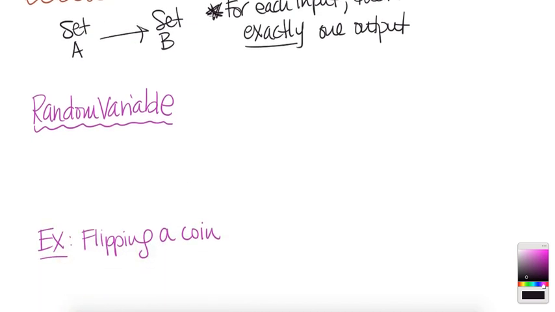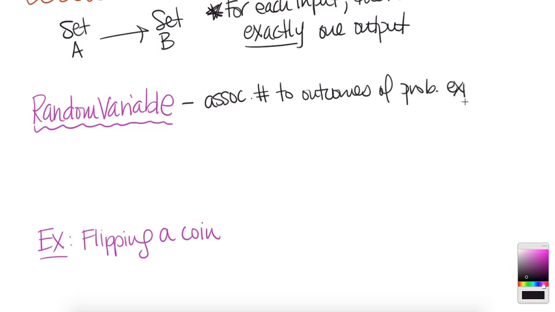Okay, so a random variable, basically, is going to associate a number to outcomes of a probability experiment.